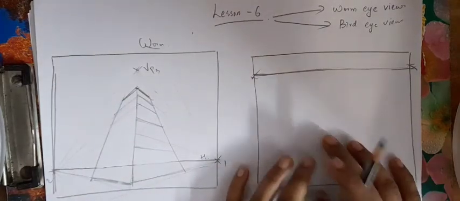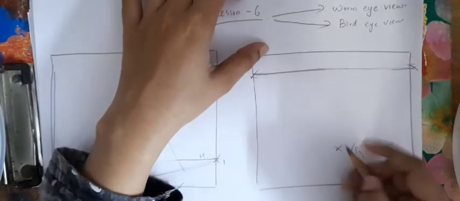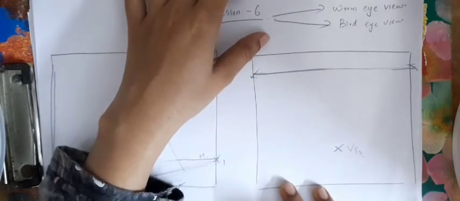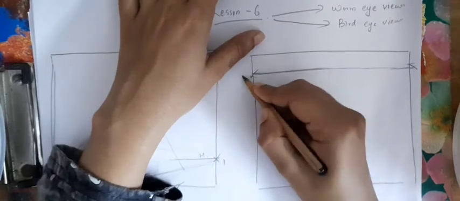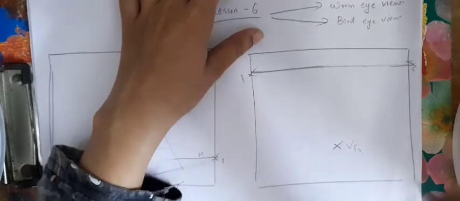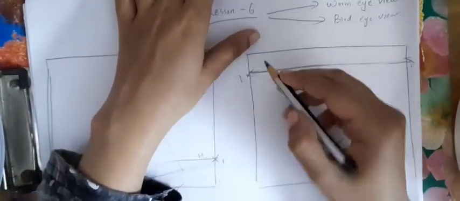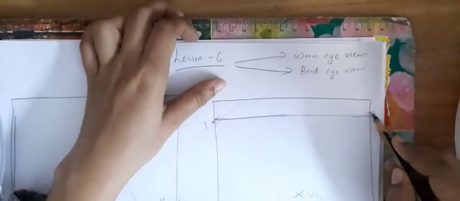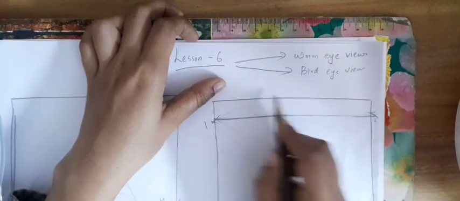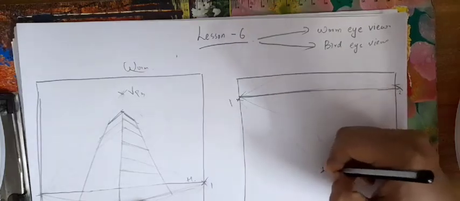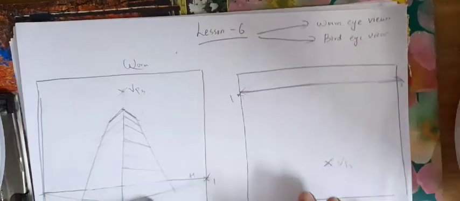And in a bird eye view or an aeroplane view, we'll see more ground area than sky area. So VP1 is here, VP2 is here, and VP3 here. Now drawing the guidelines, and a guideline, and now drawing more guidelines.